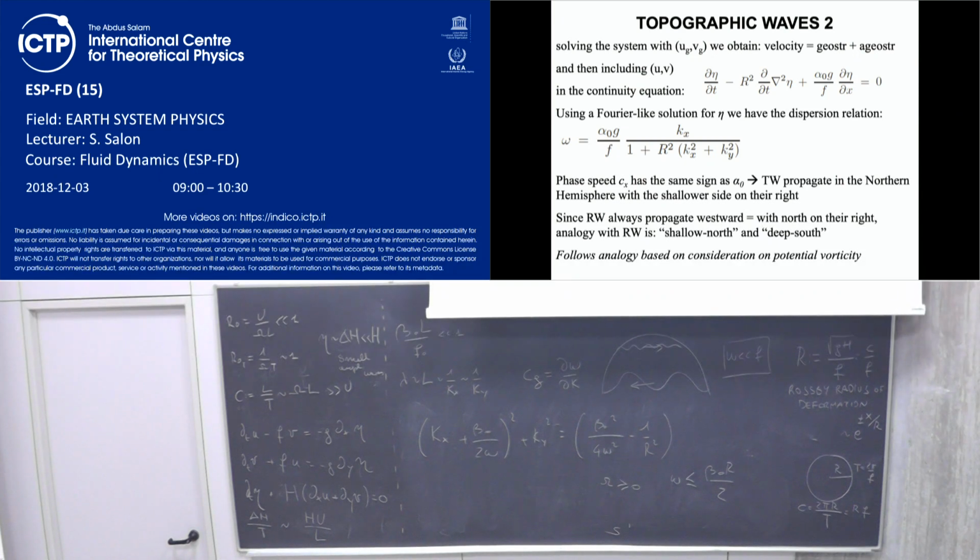So again we can find that the topographic waves are subinertial, again with a frequency much smaller than f.